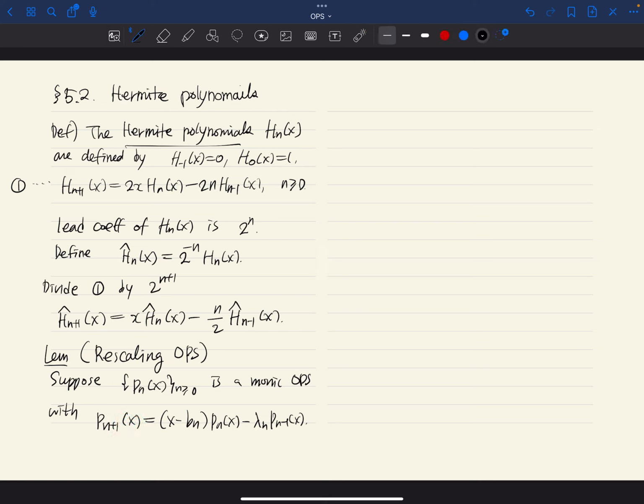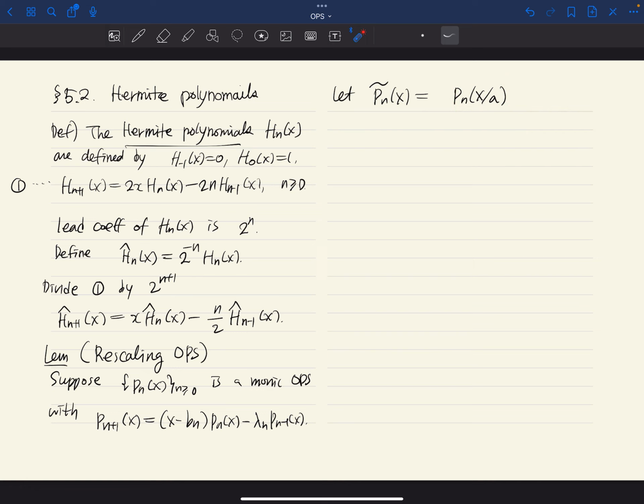x divided by something. So let P_n tilde be P_n with x changed to x over a. But this is not monic anymore. What is the leading coefficient? 1 over a to the n.